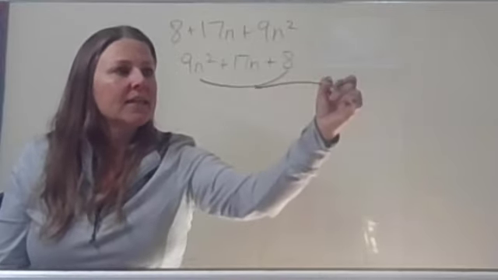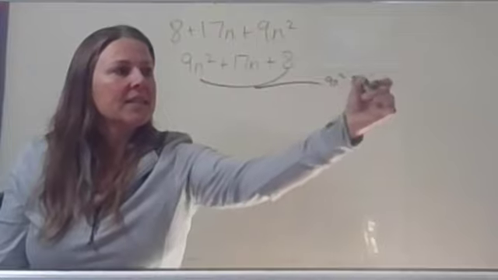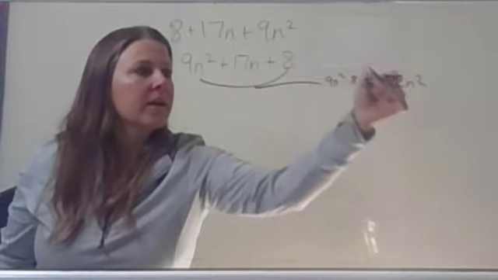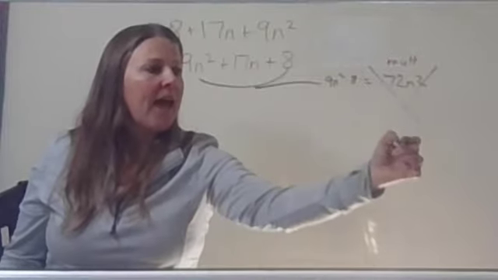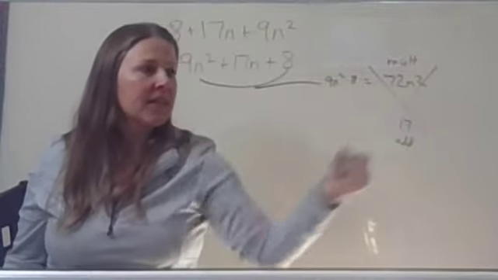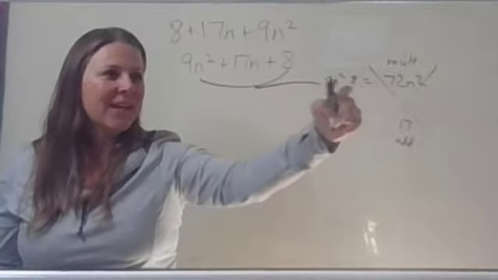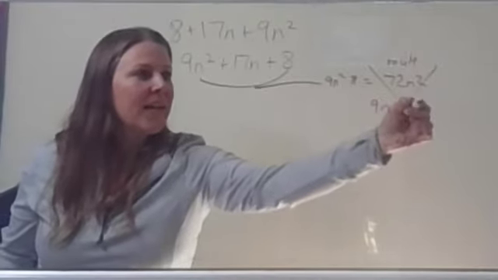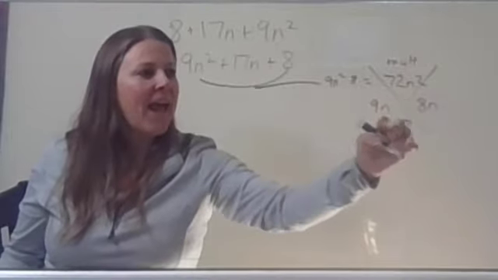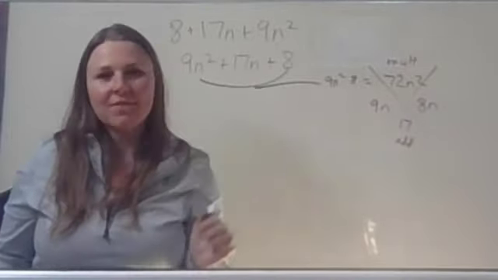So 9n squared times 8 is 72n squared. So what two numbers multiply to give you 72n squared that add to give 17? Well, 9 times 8 adds to give you 17. So this should be 9n and 8n. That adds to give 17, and it multiplies to give 72.